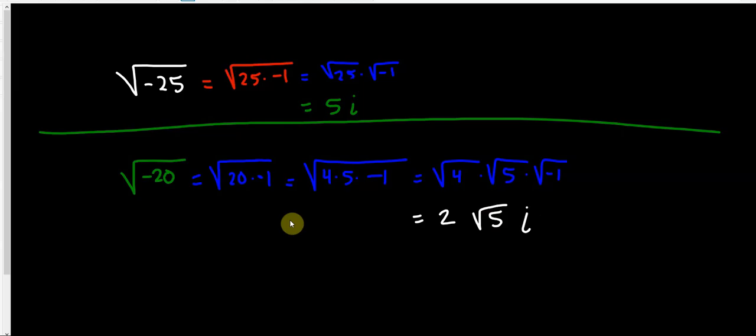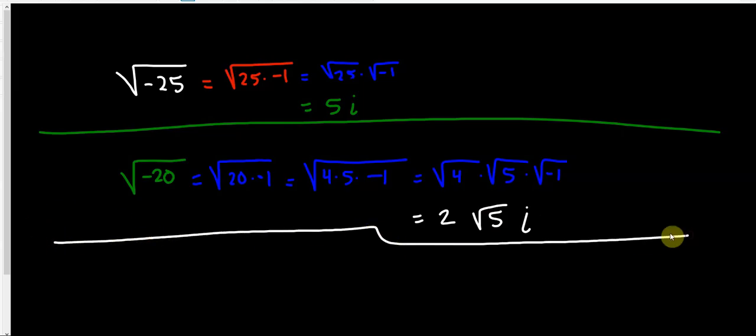Now, before I dive into operations with complex numbers, I do want to introduce you to the fact that I can write complex numbers in this way, where they have a real part and a complex part. That's just our normal real numbers, and there's some complex number added to it.